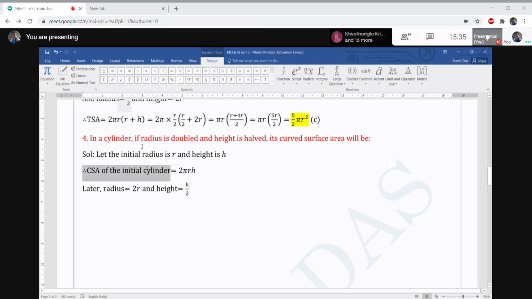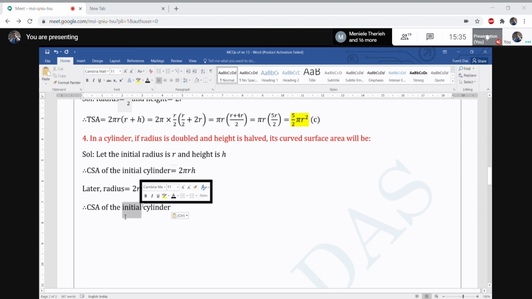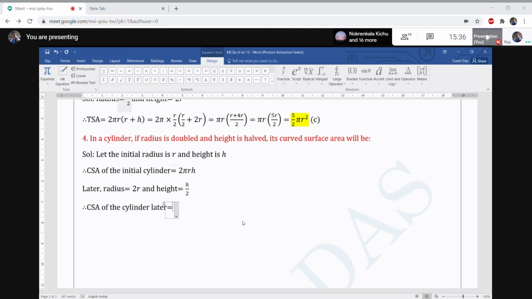So now CSA of the later cylinder, you can see it will be equal to 2 pi. What is r? Now r is 2r, and what is h? H becomes h by 2.